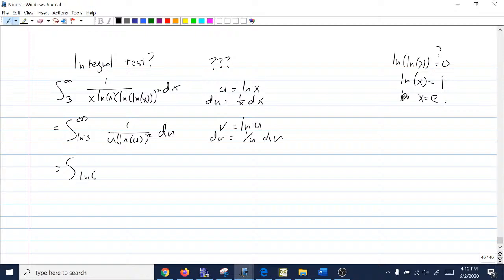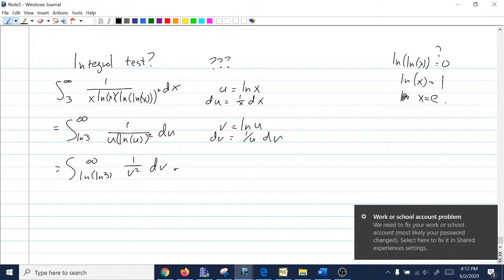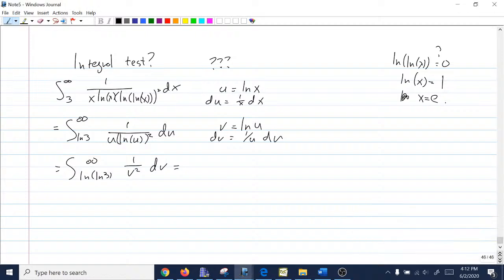Now I get the integral from log 3 to infinity of 1 over v squared dv. And now I can actually do the integral. That's the integral of v to the negative 2. Actually, I'm going to go ahead and just stick that in here.